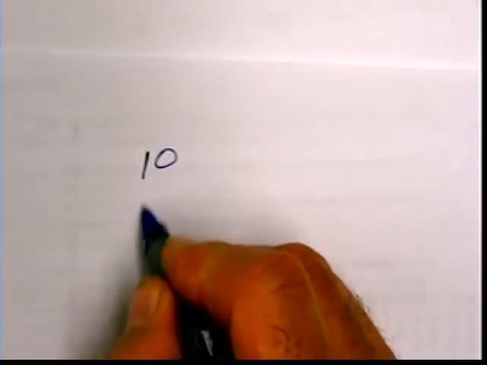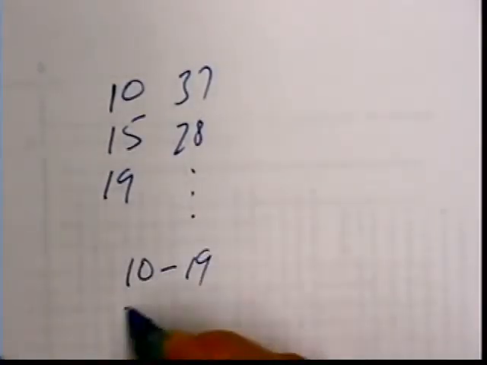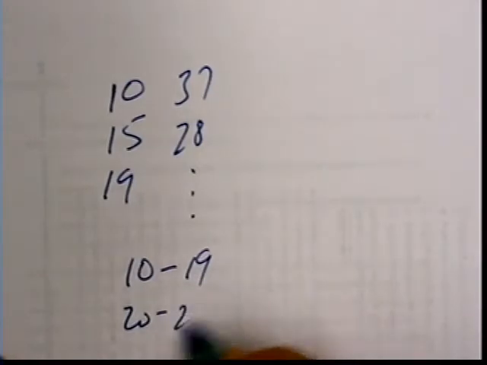And I really am not a big fan of that. So if you actually collect data like the age of people, 10, 15, 19, 37, 28, whatever, and then you put those into categories, 10 to 19, 20 to 29, 30 to 39, etc.